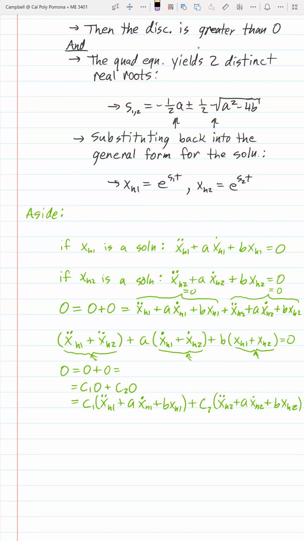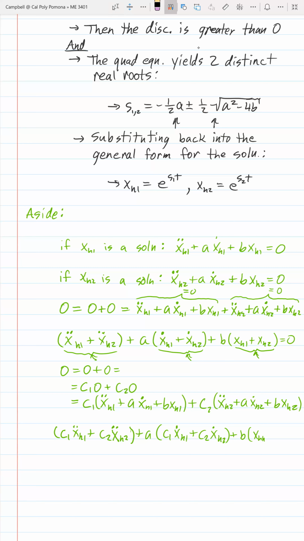There we go. And so, of course, if I distribute the C's on across and then collect up the terms, just like I did up above, what do I get? I get C1 XH1 double dot plus C2 XH2 double dot plus A times C1 XH1 dot plus C2 XH2 dot plus B times the quantity XH1.